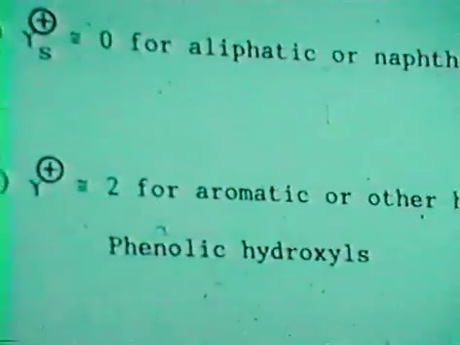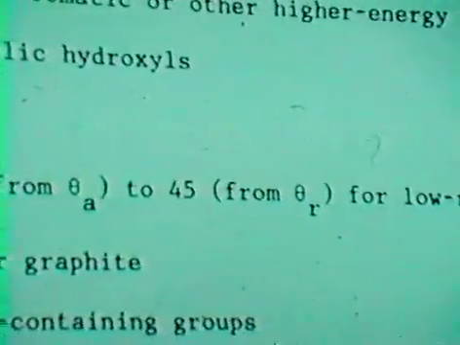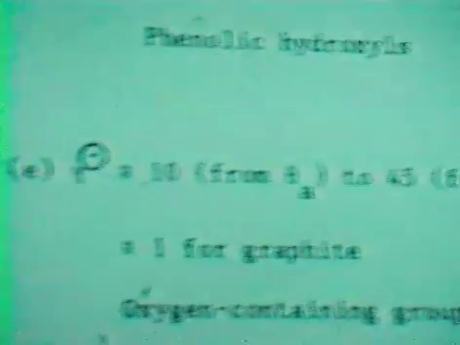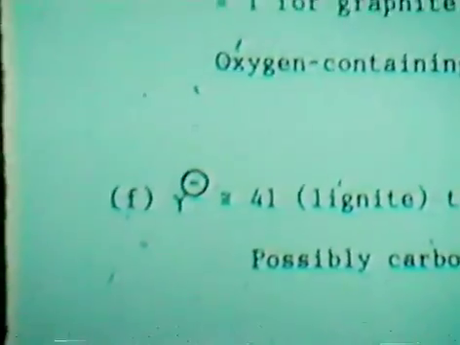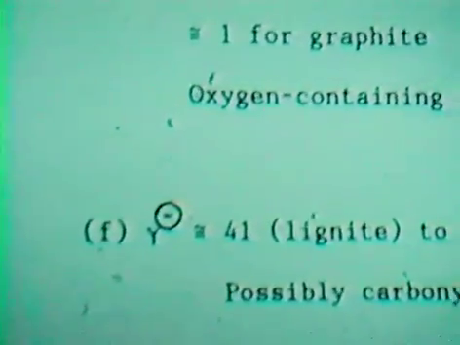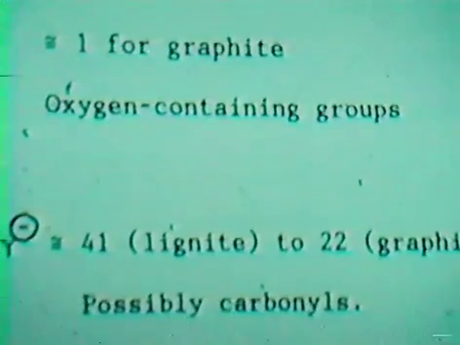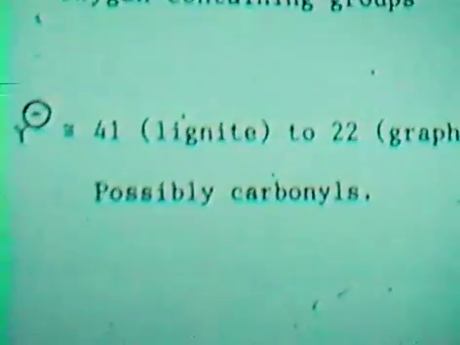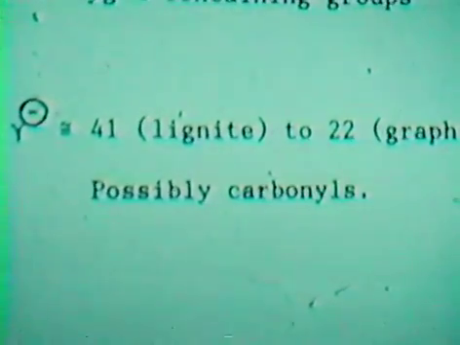Line E is probably due to oxygen-containing groups, and we possibly have carbonyls that are present. Maybe I should have left this slide upside down. This is just about the end of the show. So, 5 minutes? Well, that's 4 minutes. Let's go back to firmer ground.